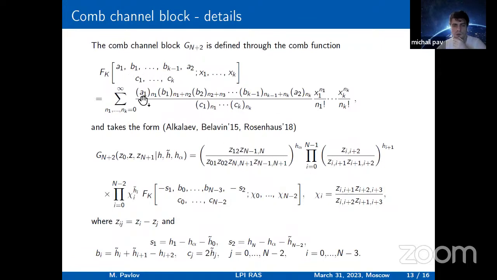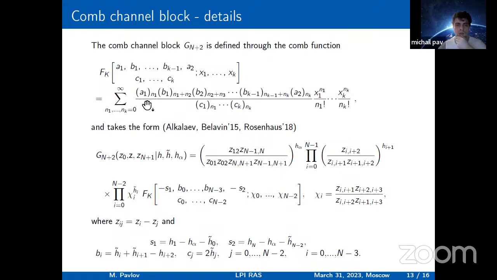Okay, what we want to consider. For example, consider a1 and a2 to be 0. So if they are 0, we have the Pochhammer symbol of 0, which is 0 if this number is not 0, and 1 if we have the Pochhammer symbol of 0, 0.